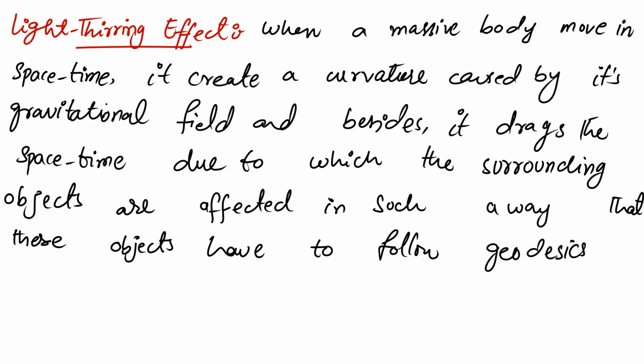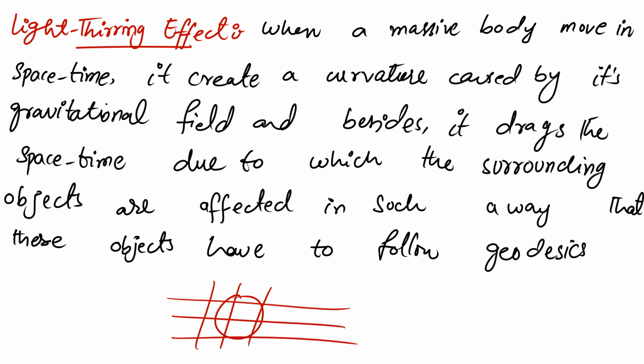In simple words, I'm not very good at drawing, but let's say there is a heavy object, and this is the space-time curve, or let's say this is our bed sheet, and this is a heavy stone. When we rotate this stone from here to here, what will happen?